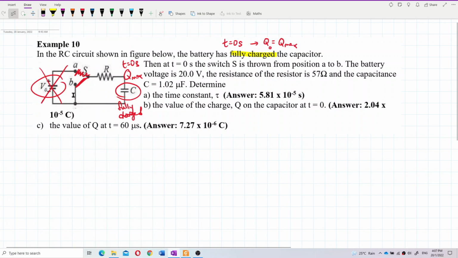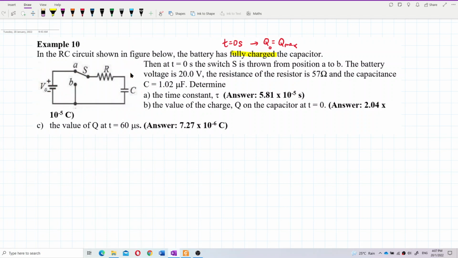The battery is already disconnected, so it's no longer charging the capacitor; the capacitor is discharging. I want you to be clear at that point.